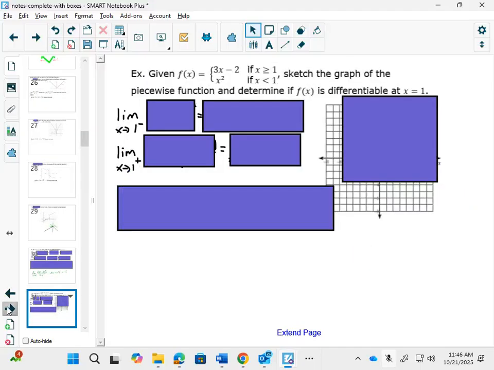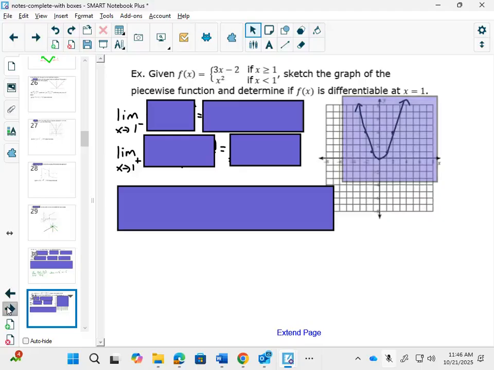So here we have a piecewise function. And if you check each of these, when you plug in 1, 3 minus 2 is 1, 1 squared is 1. If we draw the graph of this, it kind of looks like this.